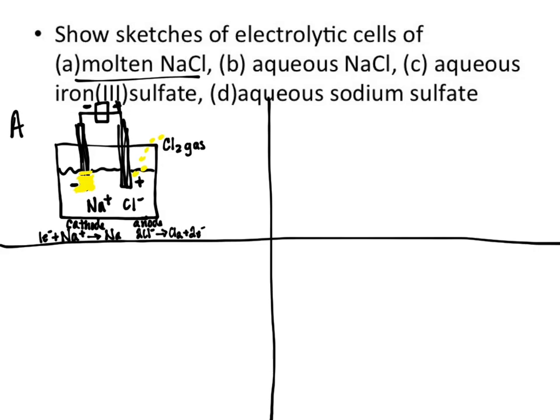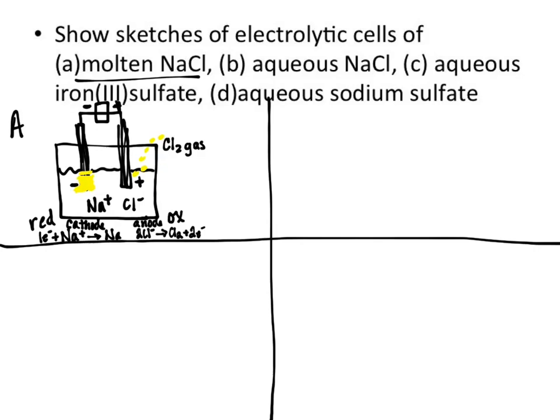So if we take molten sodium chloride, we can get solid sodium and then some chlorine gas coming out. And then remember that the cathode is reduced and the anode is oxidized. Any questions on that? Yes? The gas comes out one side. Yes.